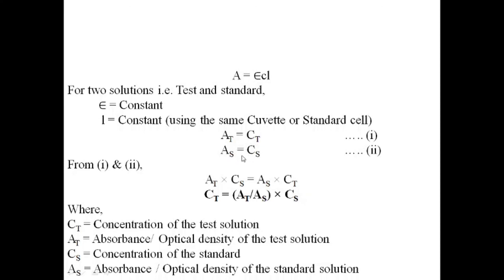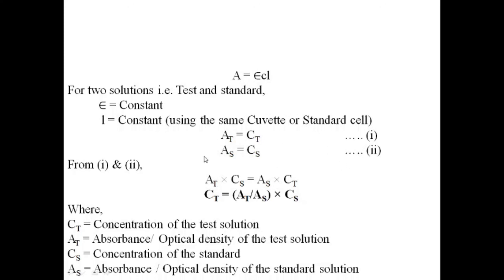Similarly for the standard, A_S is proportional to C_S. If we take the ratio of these two equations, we get a new equation: A_T into C_S equals A_S into C_T. Once again, S stands for standard solution and T for the solution under test.